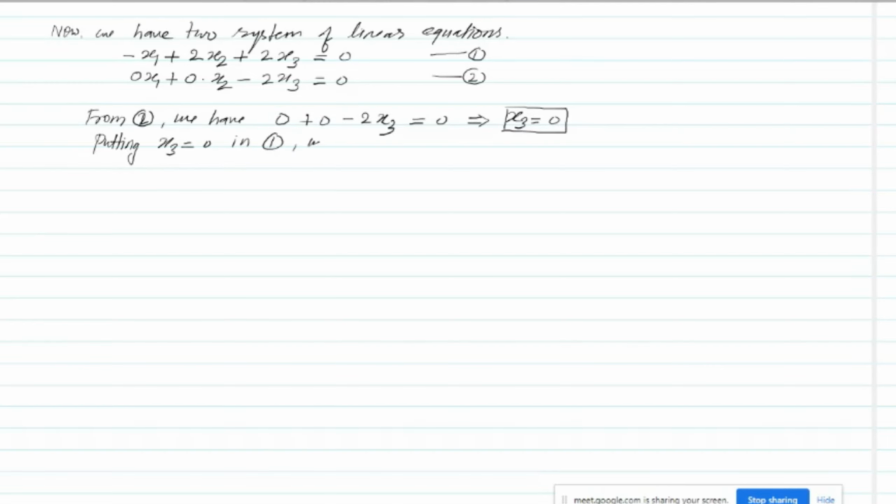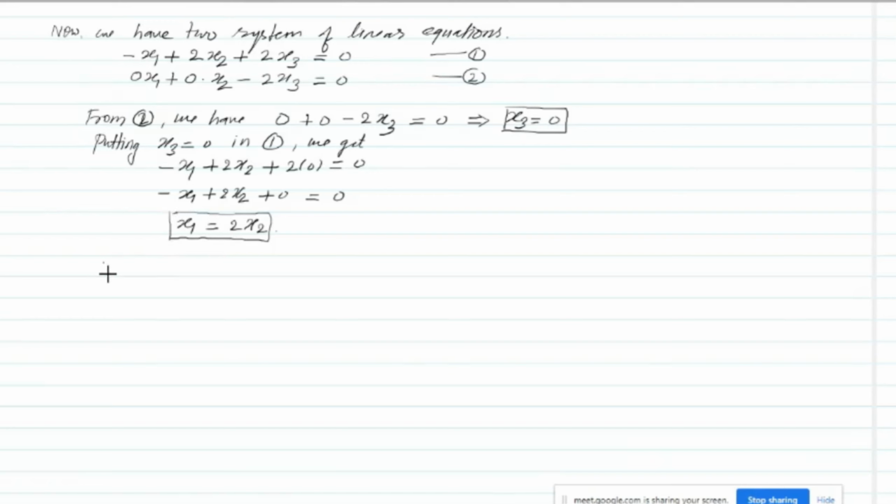So we get minus x1 plus 2 times x2 plus 2 times 0 is equal to 0. So from this you can say that x1 is 2 times x2.